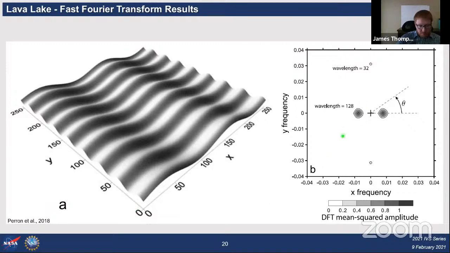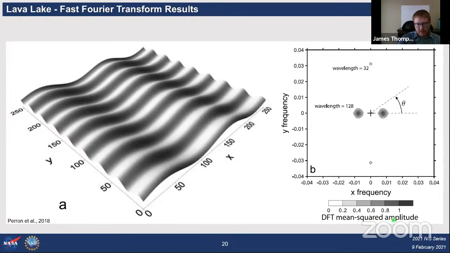So, for example, this is just an ideal surface, and I'm just going to show you how that plots onto the graphs that I'm going to show you again in a second. So, for example, in the y direction, we have this high frequency variability, but with low amplitude. And so in this frequency space graph, that plots again in the y frequency at high values, but it has a low amplitude.